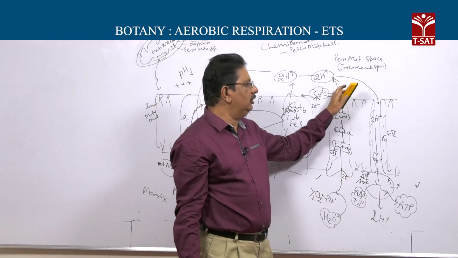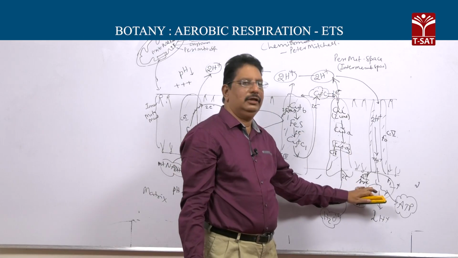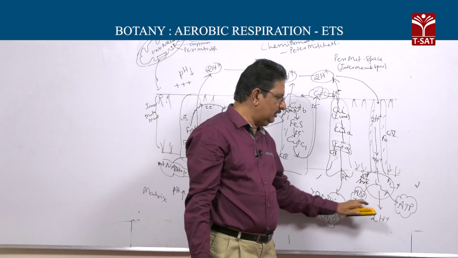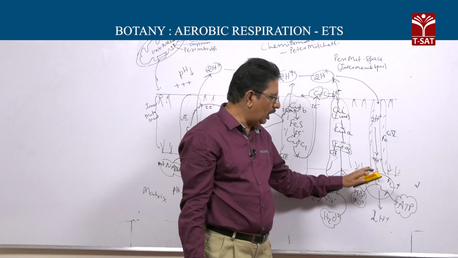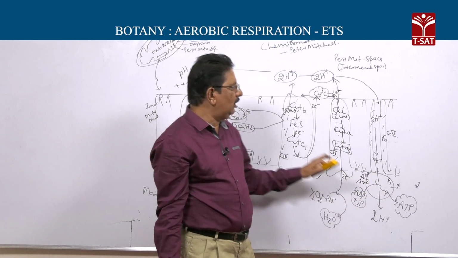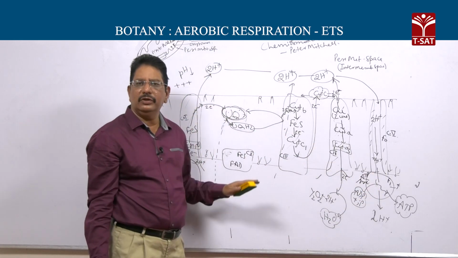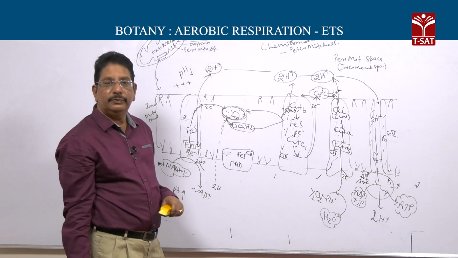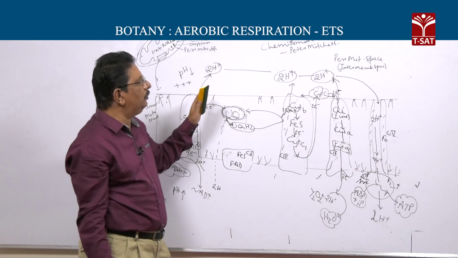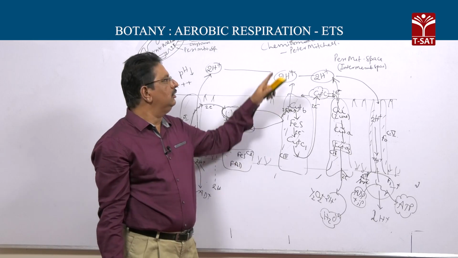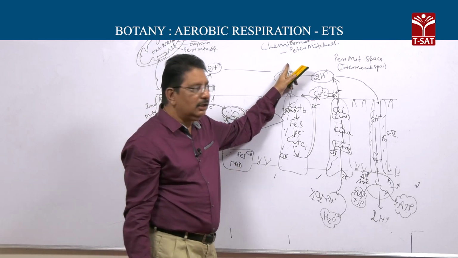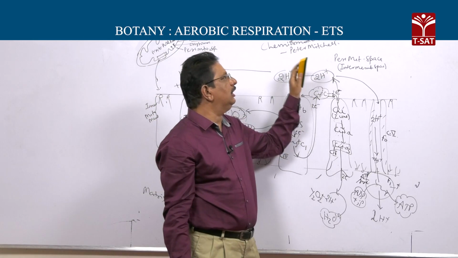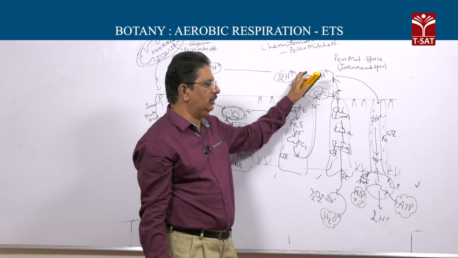That proton motive force is finally utilized in the synthesis of ATP. So oxidative phosphorylation in mitochondria during respiration, and photophosphorylation in chloroplast during photosynthesis, strictly occur in accordance with the chemiosmotic theory.